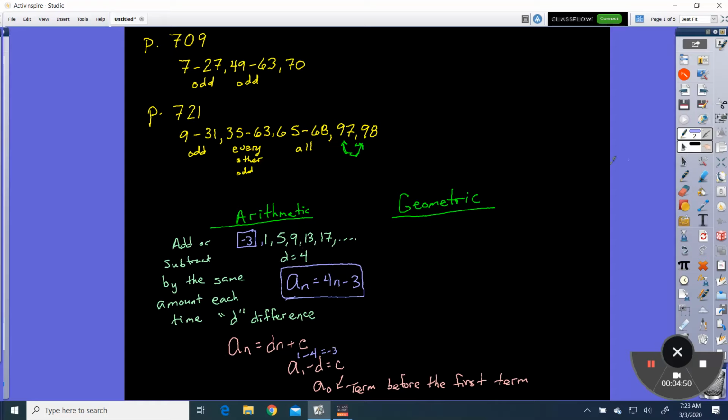So that's arithmetic. Geometric is like this. 64, 16, 4, 1. What's happening each time? Yeah, we're dividing by 4. So geometric, you multiply, and dividing is really just multiplying by a fraction. So like dividing by 4 is multiplying by 1/4 each time. So multiply or divide by the same amount each time.